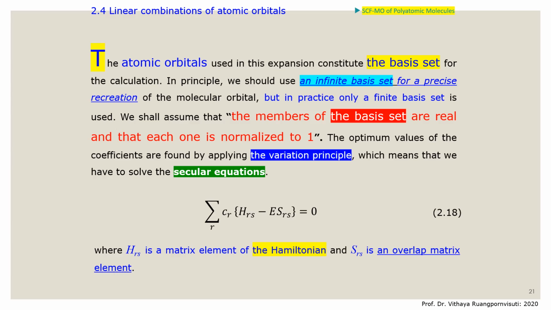We shall assume that the members of the basis are real and that each one is normalized to unity. The optimum values of the coefficients are found by applying the variation principle. This means that we have to solve the secular equations shown below.